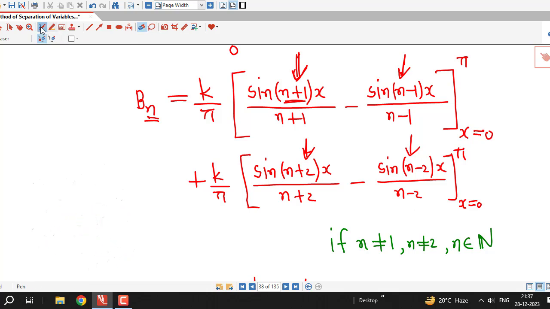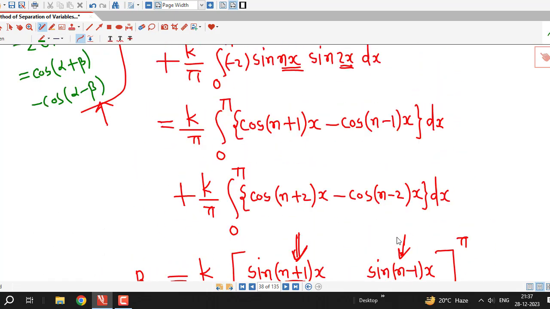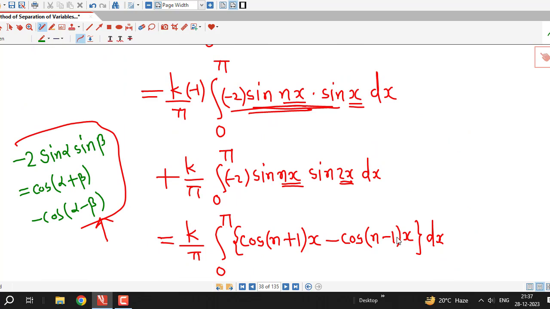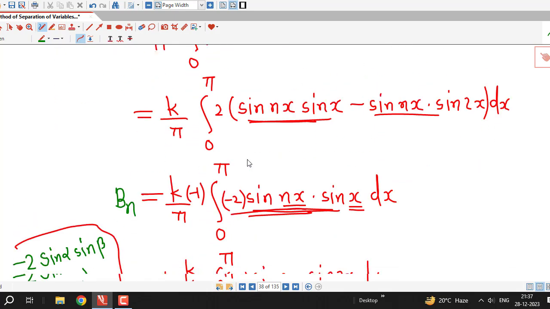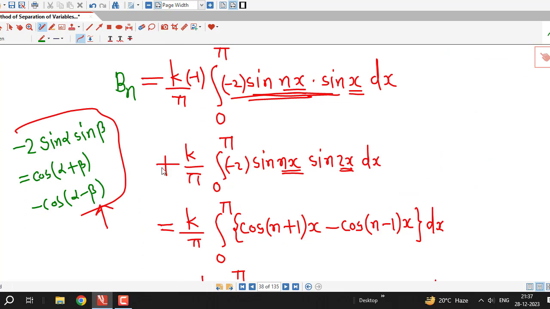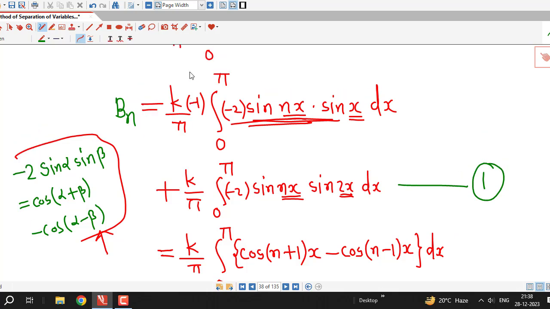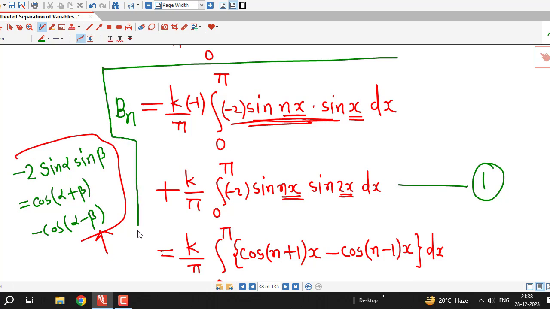Now we have to find out b1 and b2 separately. For that we can start from this step, and suppose I give this equation number 1, I am writing Bn in this form.